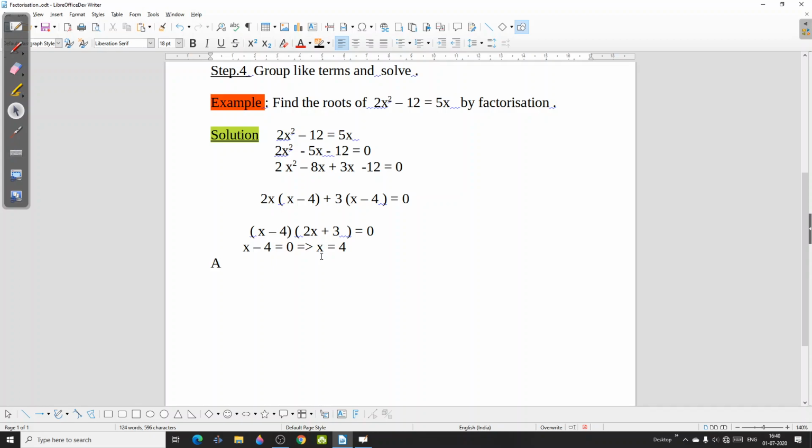Also 2x plus 3 equal to 0. So this will give us 2x equal to minus 3, and this will give us x equal to minus 3 over 2. So x equal to minus 3 by 2, that is what we'll get.